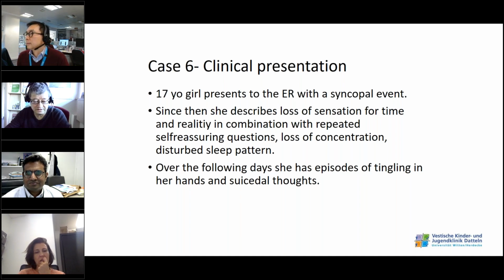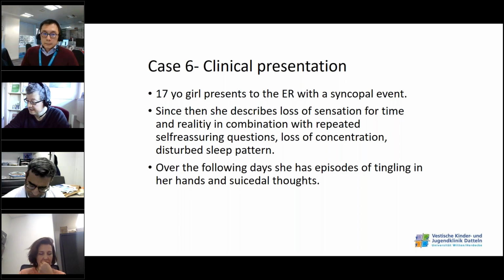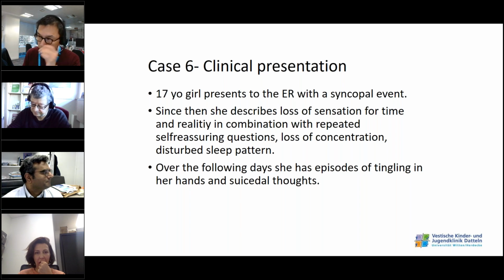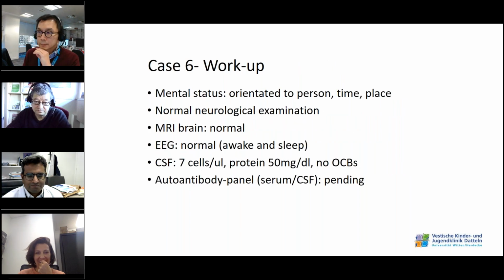She would fulfill her task, but then in the next minute she would start with self-reassuring questions and say that she has no sensation for time. And this is always a nice feature in children with NMDA receptor encephalitis, that the episodes do change, they are not consistent. Neurological examination was normal.